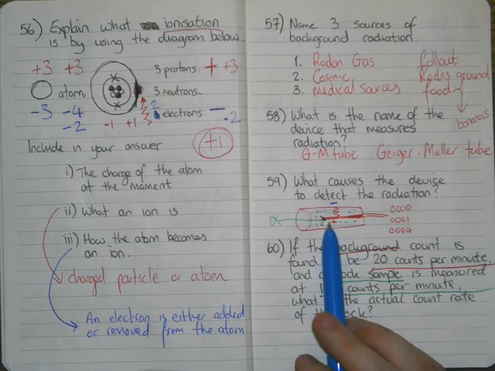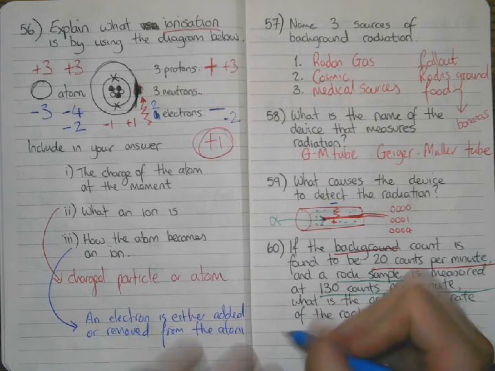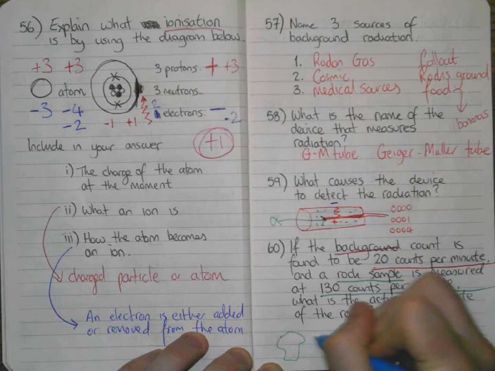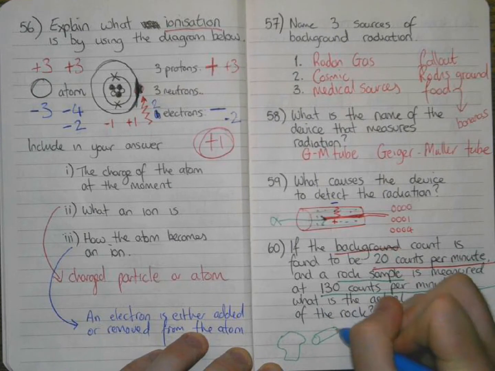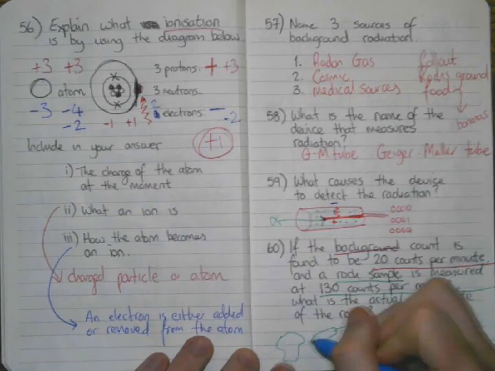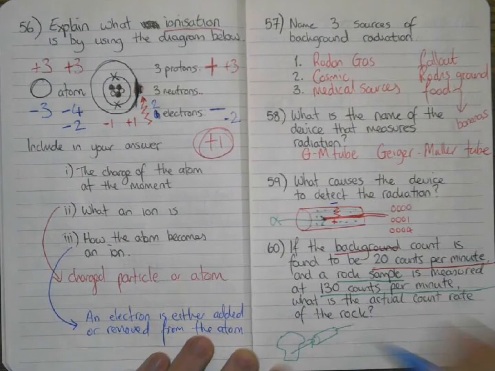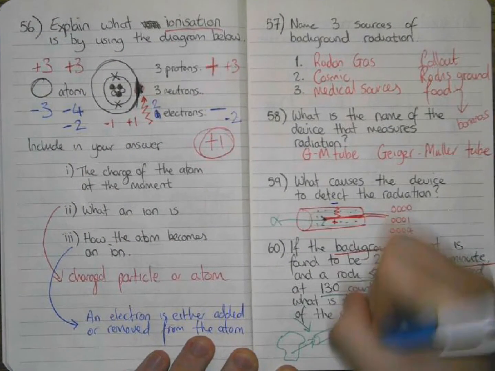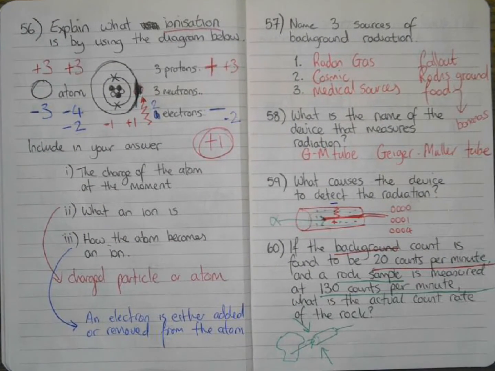When we use the Geiger-Müller tube to measure the rock sample, so there's the rock and there's the Geiger-Müller tube. The Geiger-Müller tube is picking up radiation from the rock, but it's also picking up background radiation. So how do we find out how much the rock is actually producing?